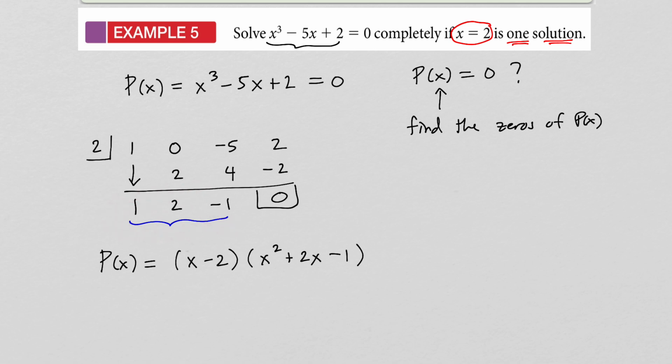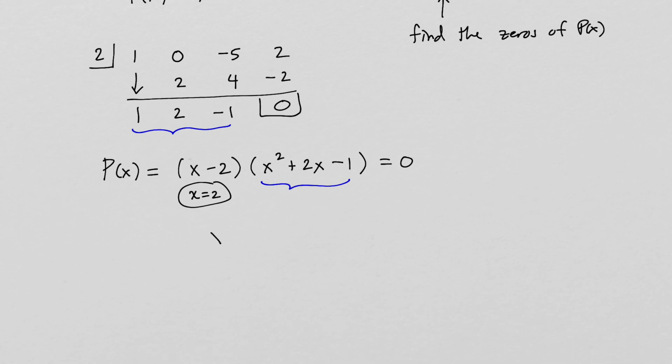So now if I want to find the other solutions, I need to set this equal to 0, right? Because remember, I'm trying to figure out when is this polynomial equal to 0. Well, clearly x equals 2 is one answer, right? But we already knew that. So now I need to set this polynomial equal to 0, and I need to solve.